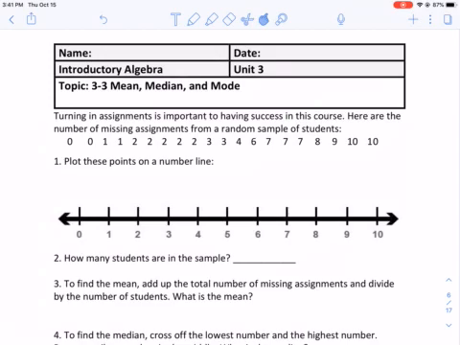To plot these, we just put an X for the number of times each number shows up in our data.